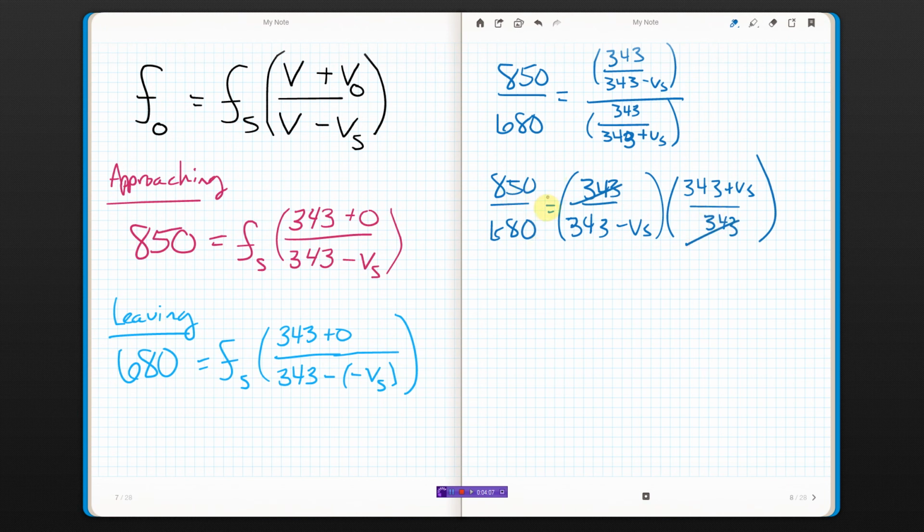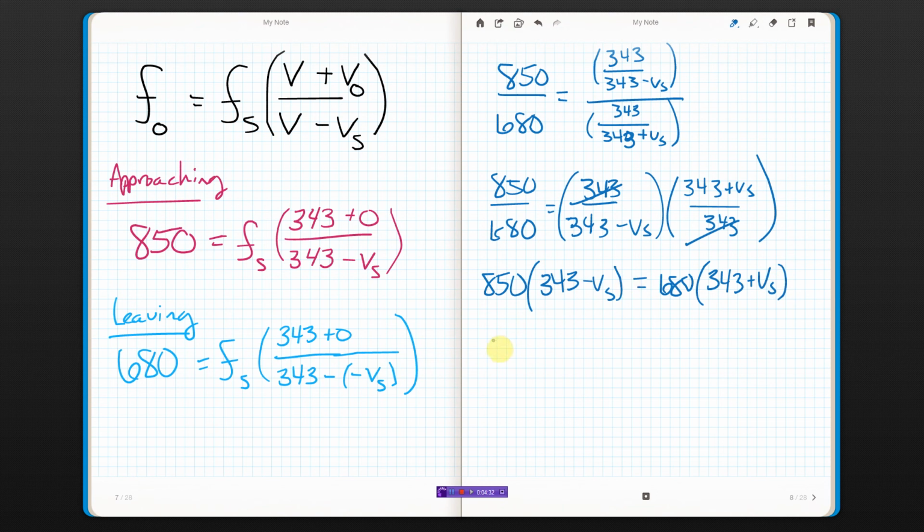So what I've got is 850 over 680 equals 343 plus Vs over 343 minus Vs. I'm going to cross multiply those. So now I have 850 times the bottom, 343 minus Vs, equals 680 times the top.